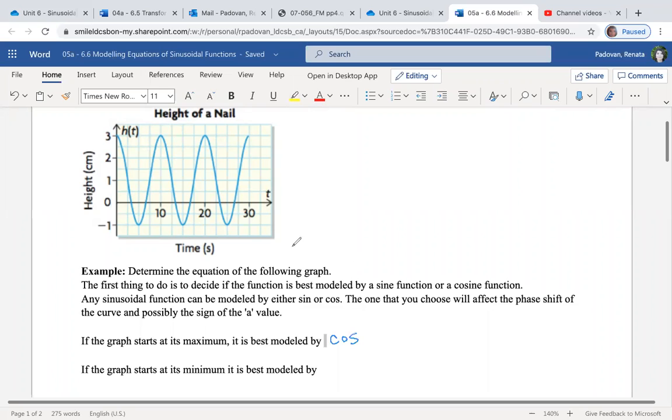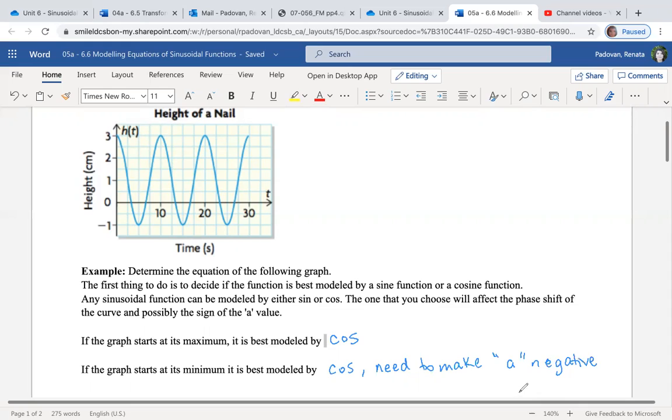If the graph starts at its minimum, so let's say this lowest value was where it started along the y-axis, starting at the minimum value, going up, coming down, then it is also best modeled by cos. However, then you need to make the a, your amplitude, negative.